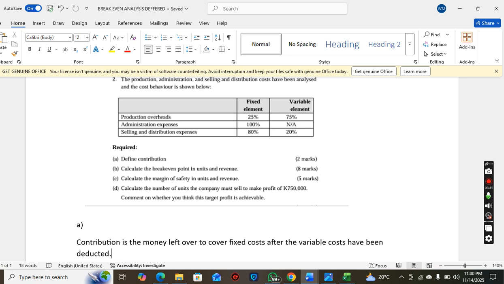So that money, after you deduct your variable costs, which is your contribution, is the money that's left over to cover the fixed costs. And after it also covers the fixed costs, you should remain with a remainder.